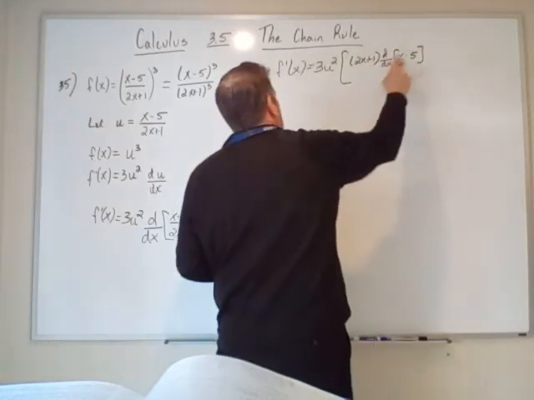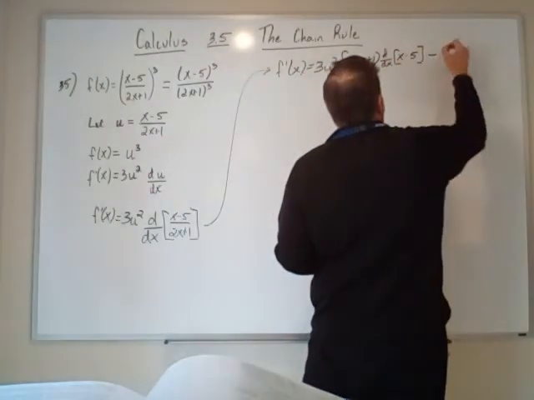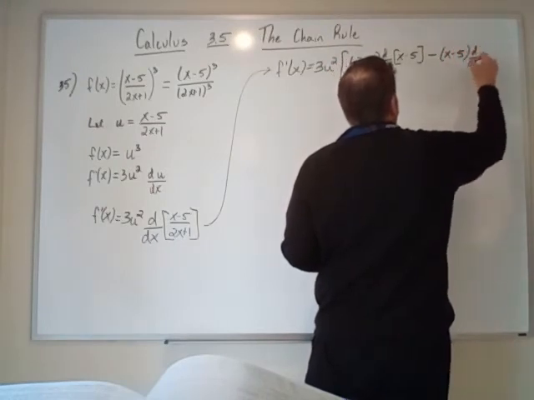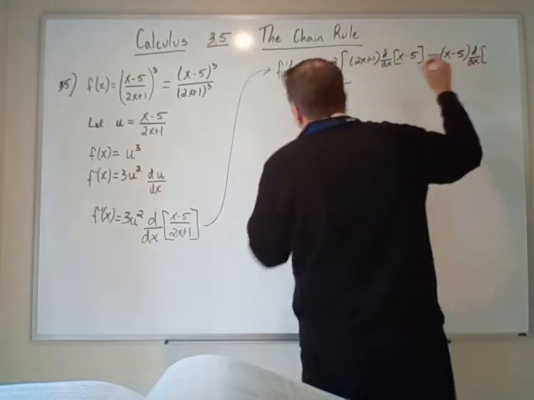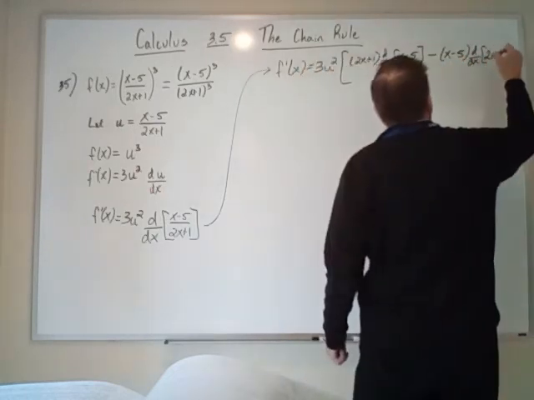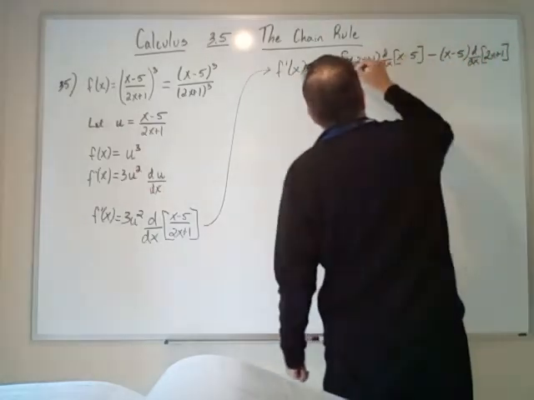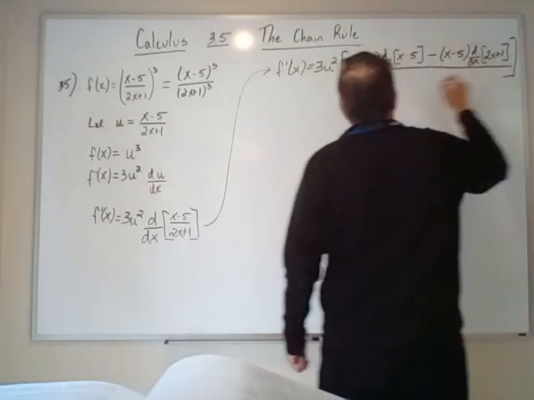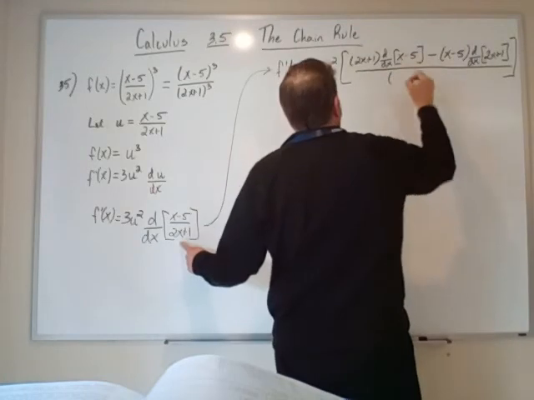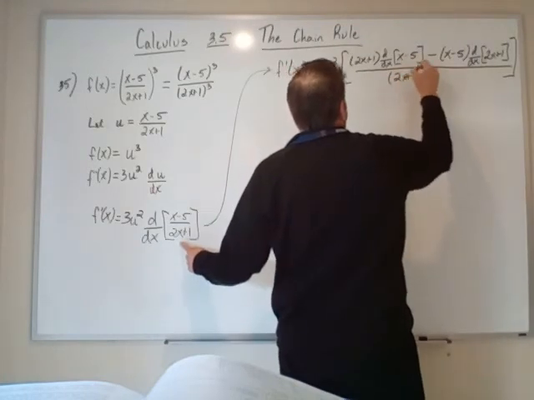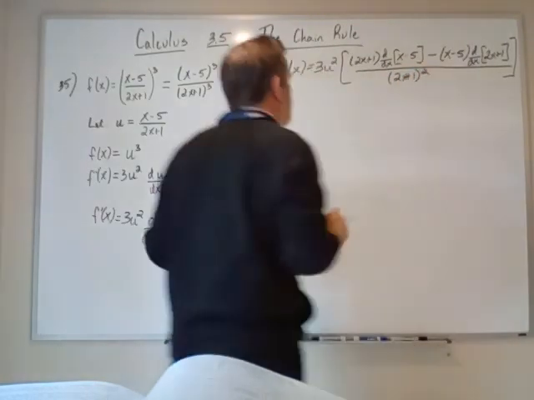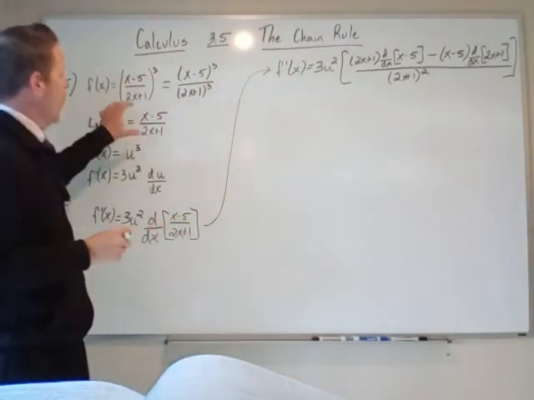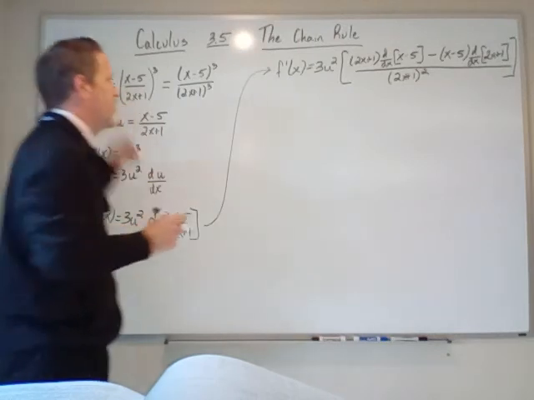So I've got low d high minus the high function, x minus 5, times the derivative of the low function, the derivative of the 2x plus 1. So it's low d high minus high d low, all over the square of what's below. So that's the denominator, 2x plus 1 squared. Okay, so again, I've applied the quotient rule for what was u to begin with from the let statement.